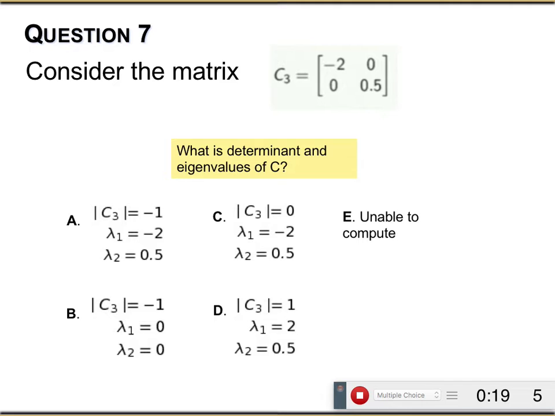So diagonal is a special case of upper and lower triangular at the same time. Again, E is a statement about no one can, not your abilities.